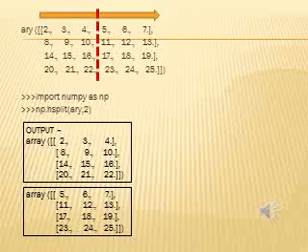You can see 2 boxes for output. The first box comprises the first half, and the second box comprises the second half. So this is the output for the hsplit function.